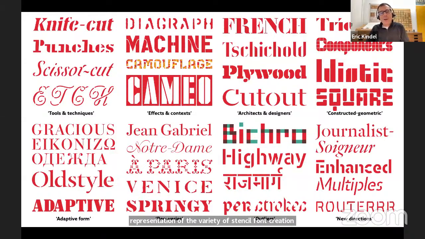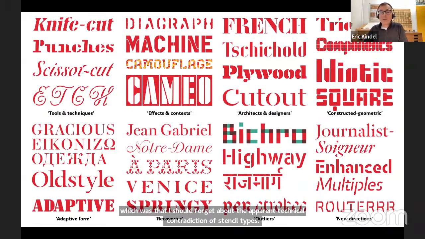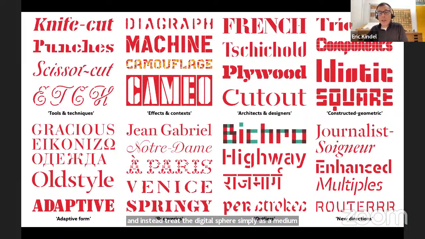And from the sifting, I also got a kind of message, which was that I should forget about the apparent technical contradiction of stencil types and instead treat the digital sphere simply as a medium for stencil letters, however they ended up being used. And when I did this, I could then see that the period I was surveying was perhaps the most inventive that there's been in the longer history of stencil work, at least as far as letter forms are concerned.